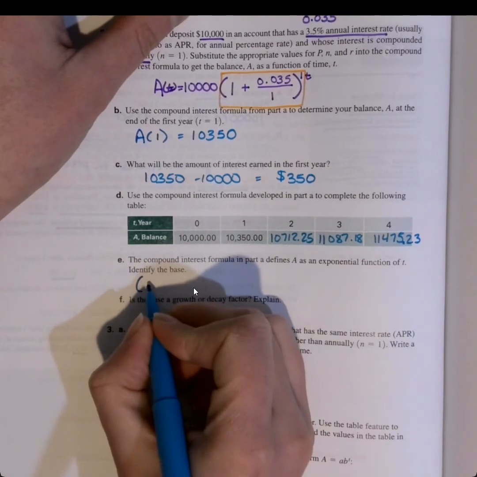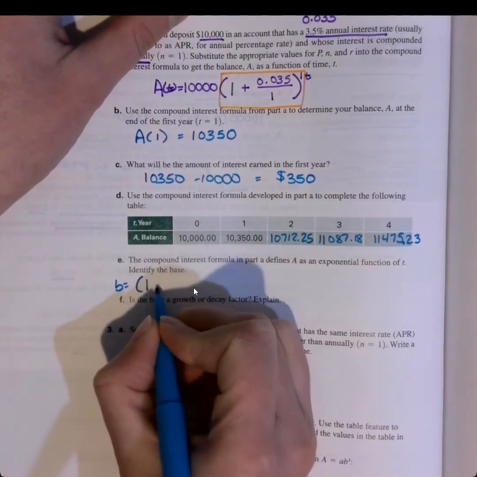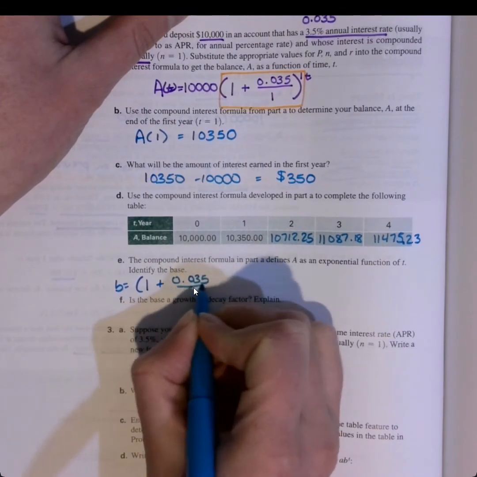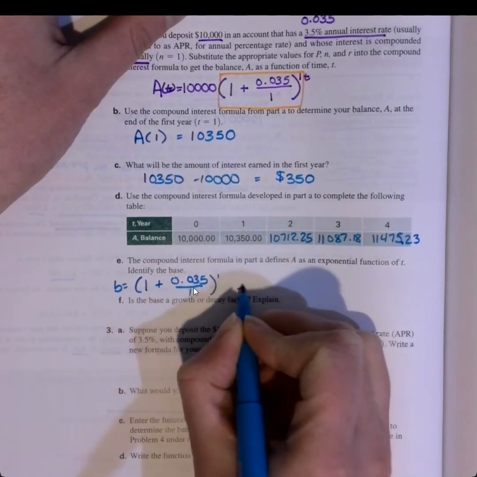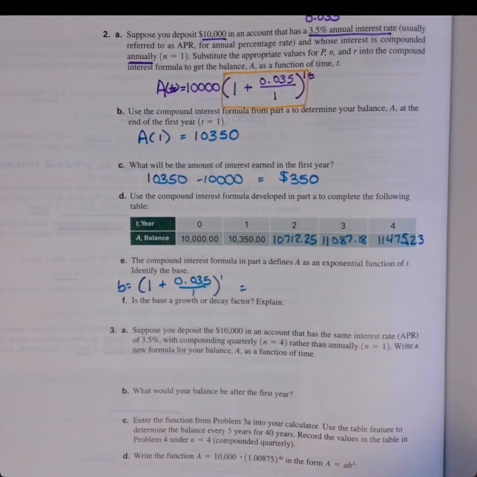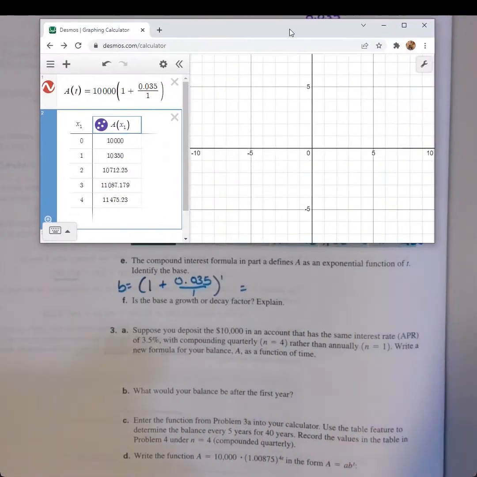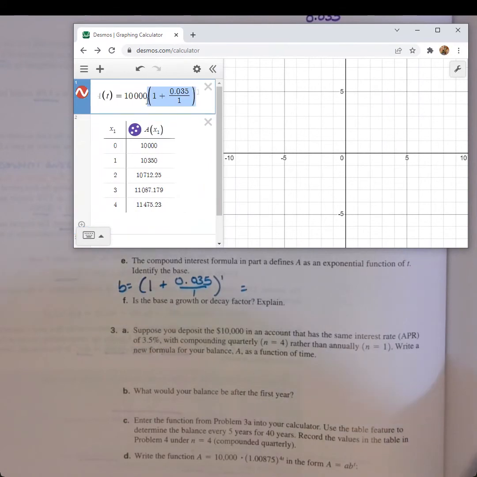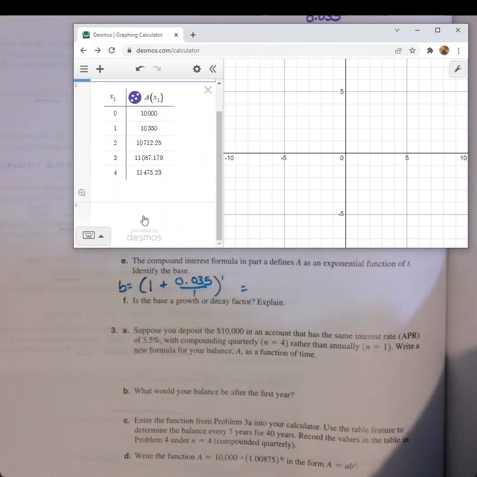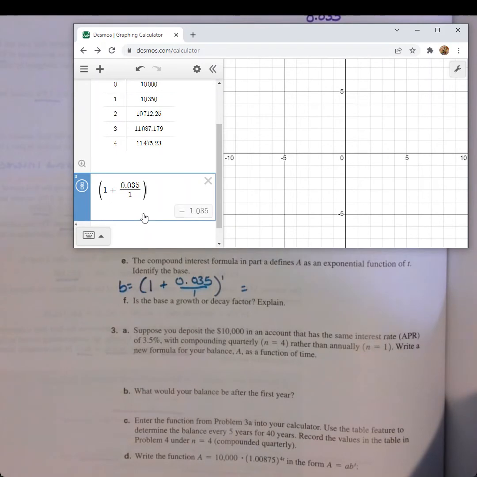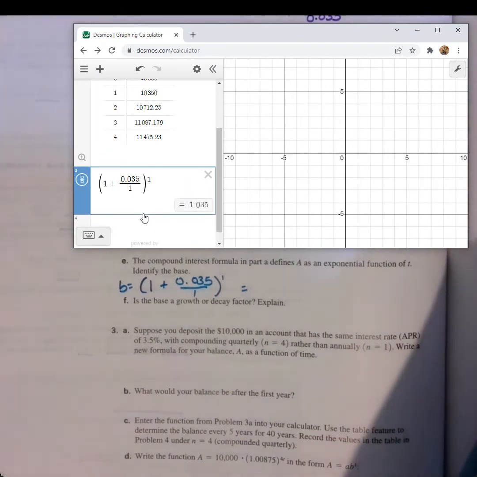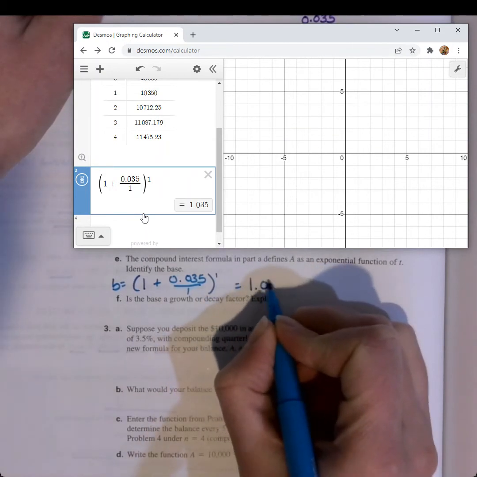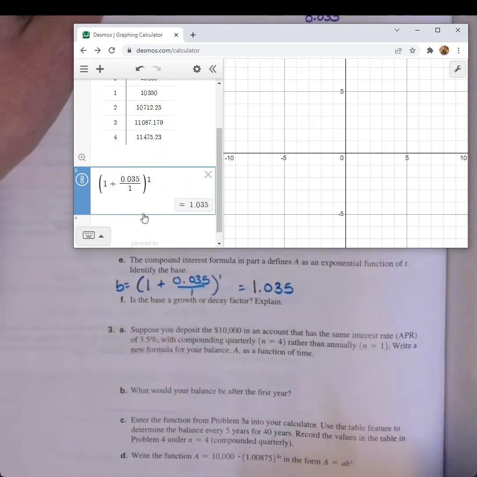So if I do 1 plus 0.035 over 1 to the 1, that'll show me the base of this exponential function. So let's go ahead and compute that. Actually, I'm just going to copy it, paste it. I got to put the power 1 back on when I paste because I didn't manage to copy all of that. And so the base is 1.035.